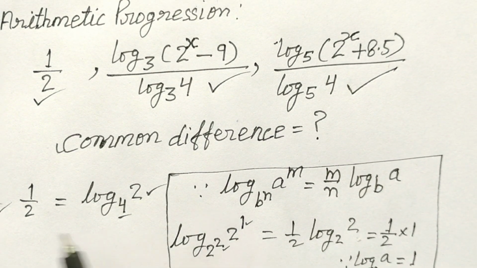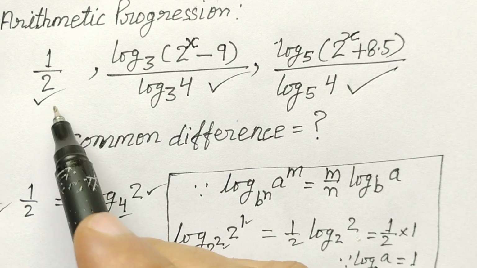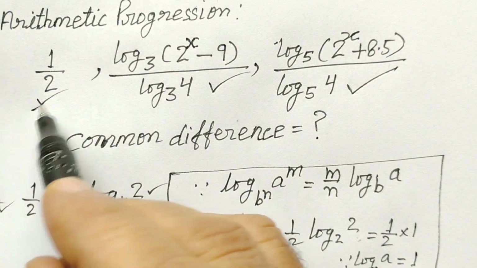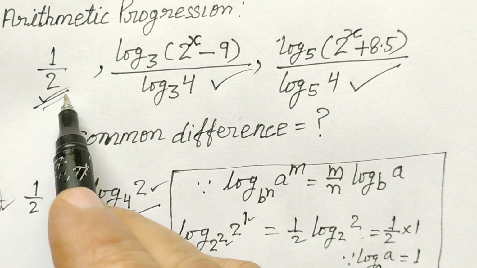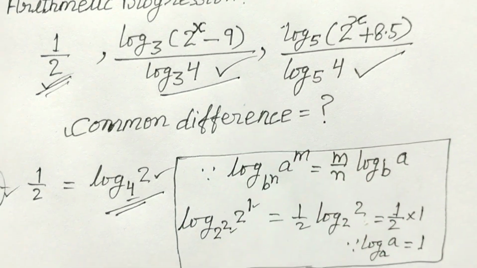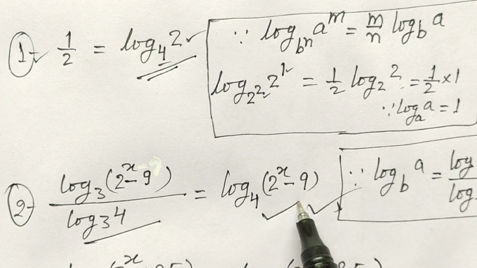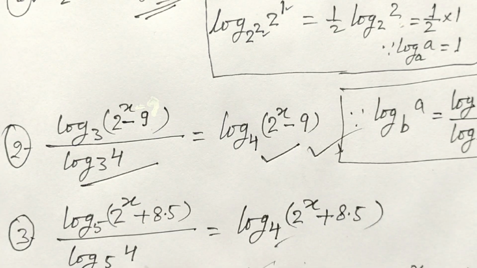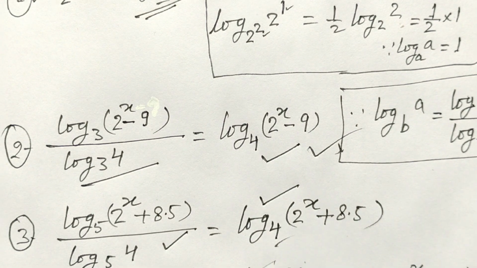Friends, in this problem, first we changed the terms into another form: half changed into this, the first term changed into this form, the second term into this form, and the third term into this.